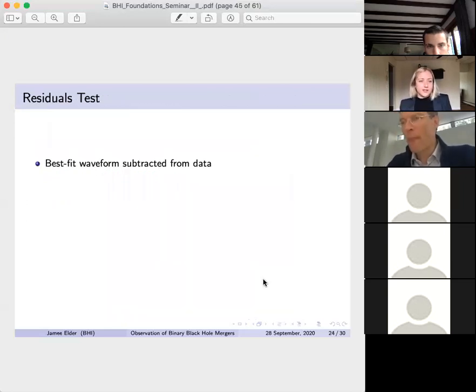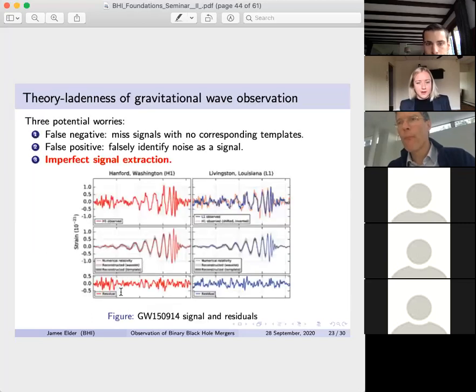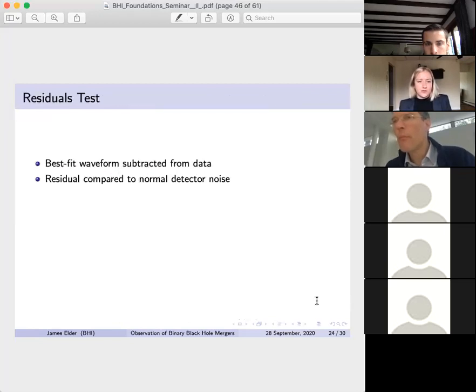So what they do is they take the best fit waveform and subtract that from the data, that is kind of removing the signal. And the residual, that's that bottom part there, underneath the third one down. That residual after the subtraction is then compared to normal detector noise where there's not thought to be any signal present.